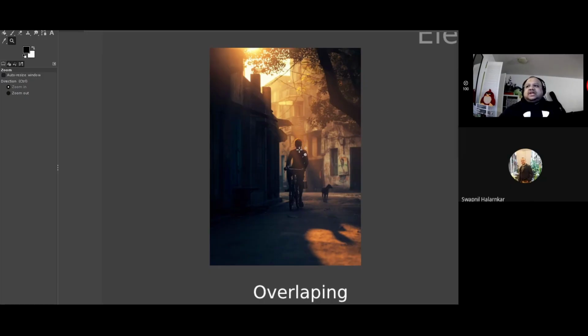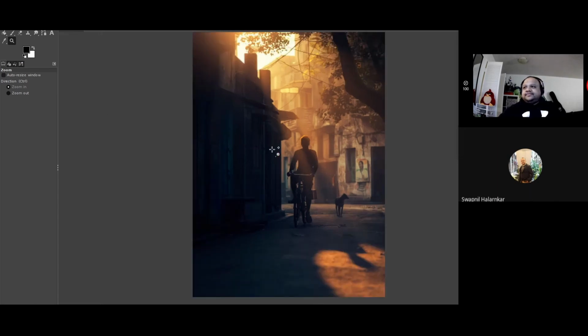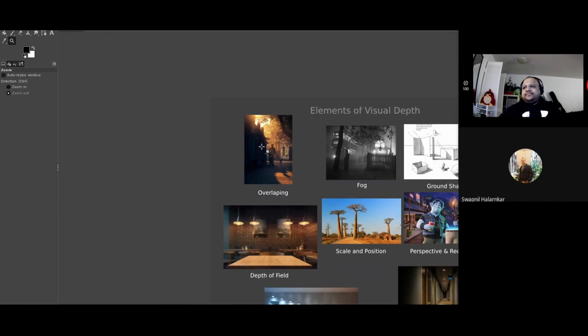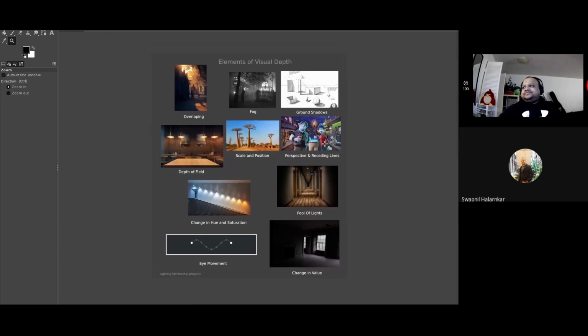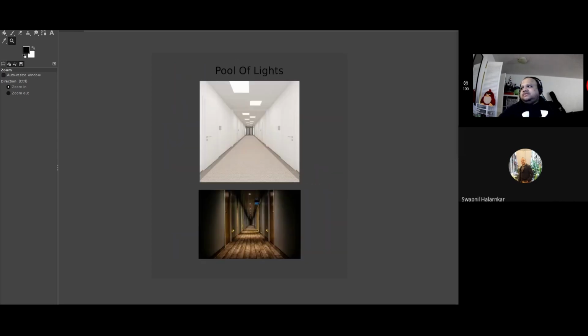This will be our first topic: how we can get visual depth through overlapping. When two objects overlap, we tend to feel there is depth, and that is the concept we are going to discuss. We finished pool of lights last time.